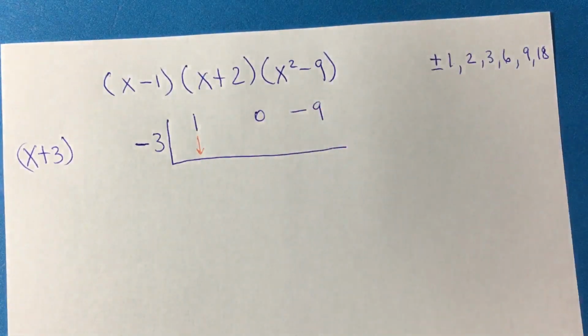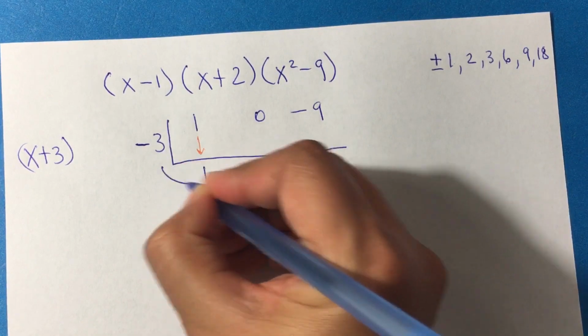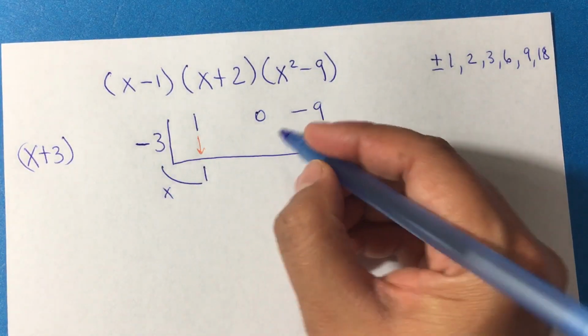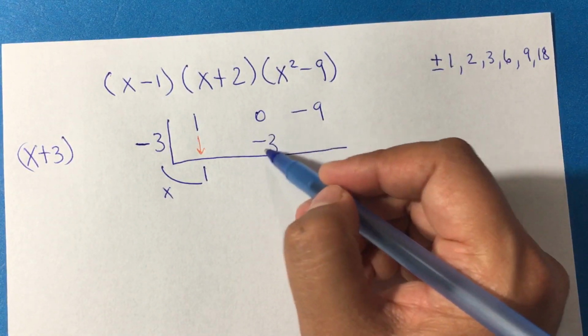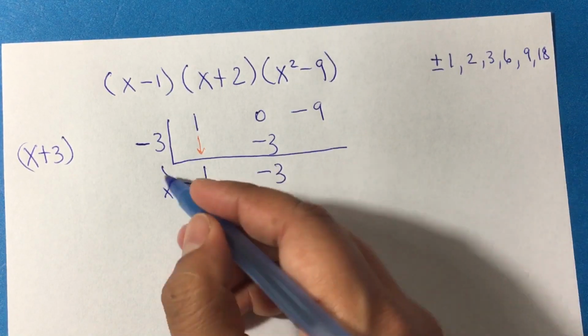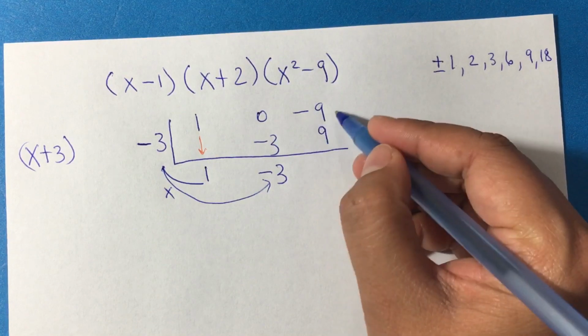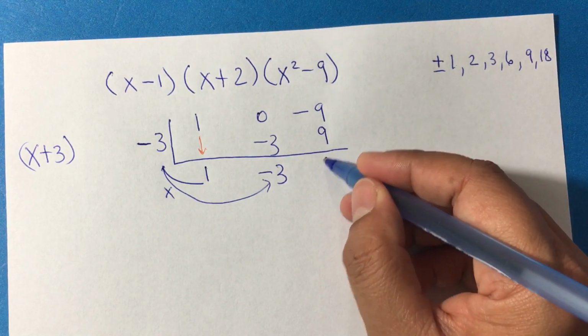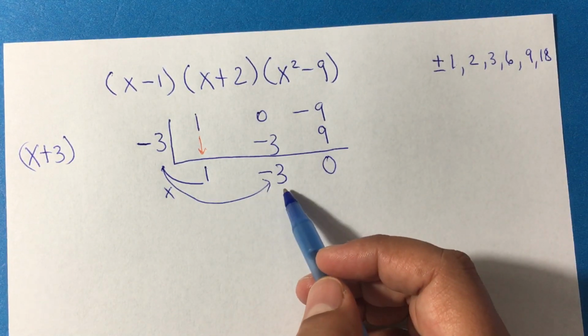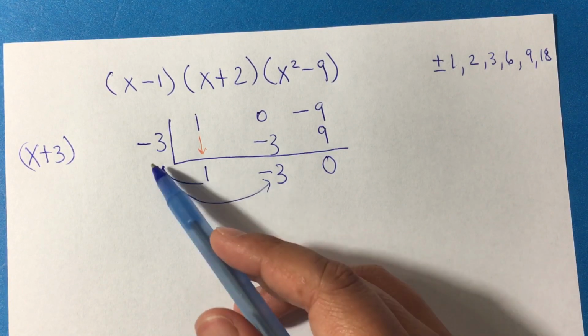The first step is to bring that first value down and start multiplying. So -3 times 1 is -3. 0 minus 3 is -3. Multiply, -3 times -3 is +9. -9 and +9 is 0. So those are the values of one of the factors. Okay?